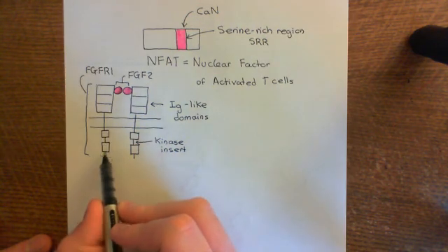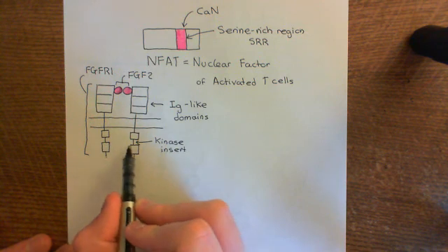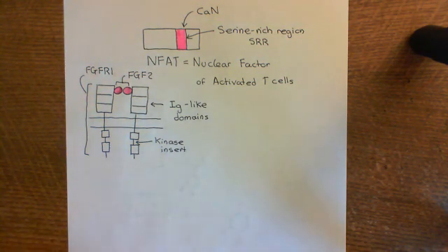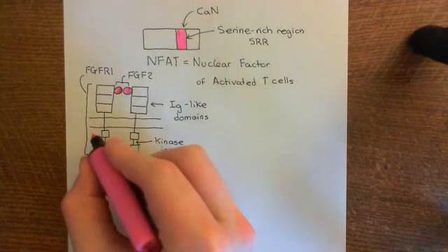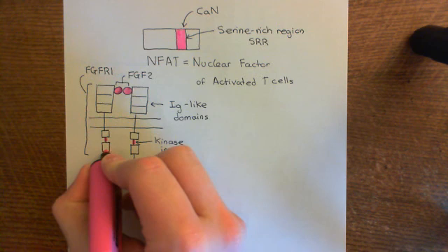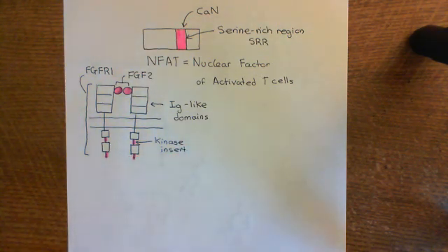So this tyrosine kinase here is going to become active, and this tyrosine kinase here is going to become active, and of course they're going to cross-phosphorylate each other's tyrosine residues. And the tyrosine residues that they cross-phosphorylate are mainly in this kinase insert and also this tail after the second of the tyrosine kinase domains. Okay, so what are these phosphotyrosine residues now going to do?